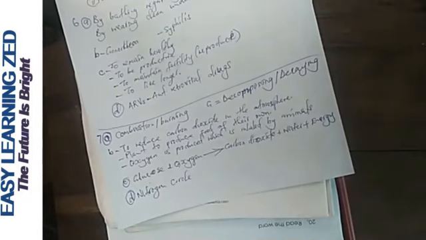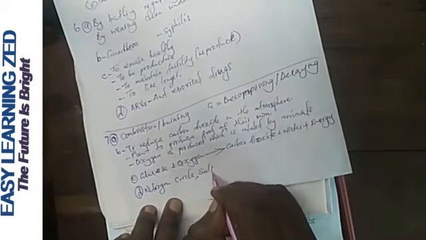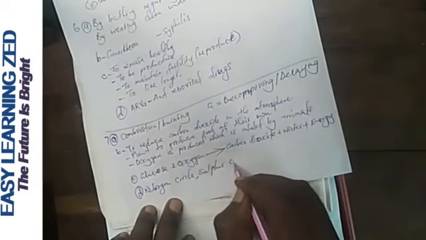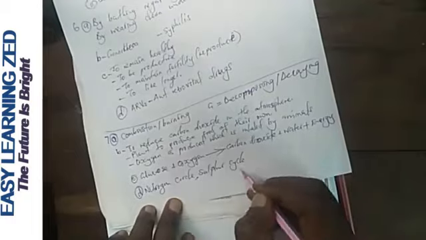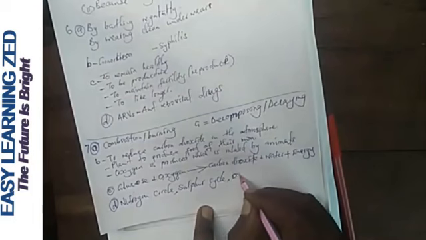We have also got the sulfur cycle. We have the nitrogen cycle and the carbon dioxide cycle. We can also talk about the oxygen cycle.